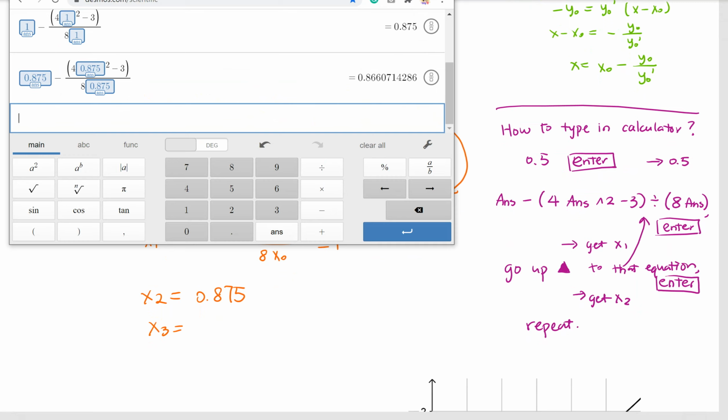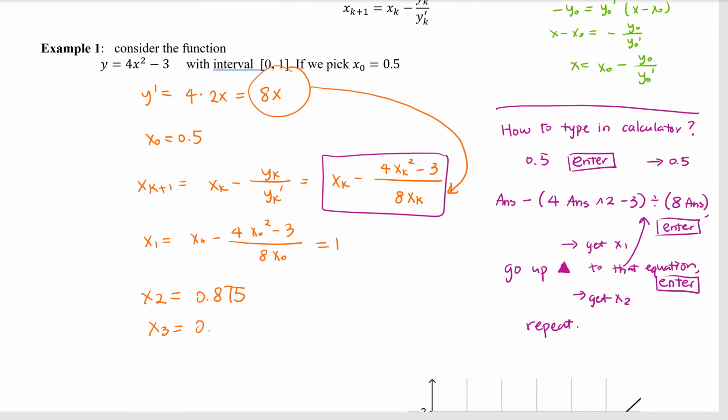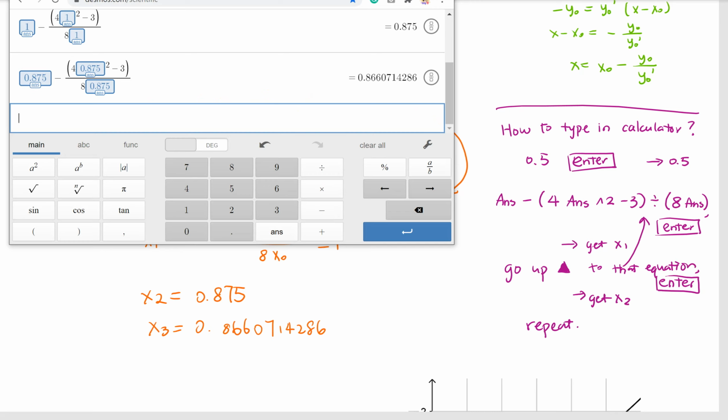So I get 0.866071286. Okay, 0.866071484286, right? Let's see. Yes.